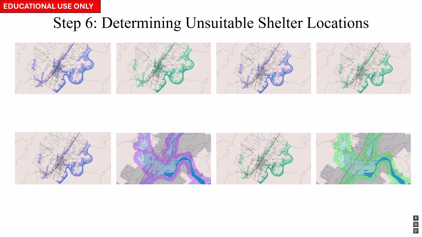In step 6, I needed to determine the unsuitable shelter locations. These are areas that are either within the flood zone or within my buffer. Now, my buffer is the main assumption of my project.